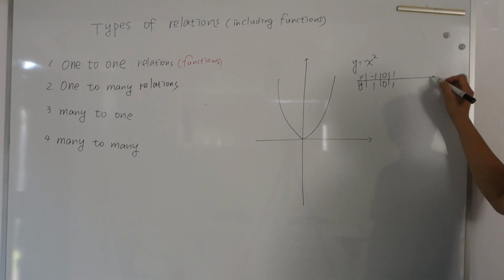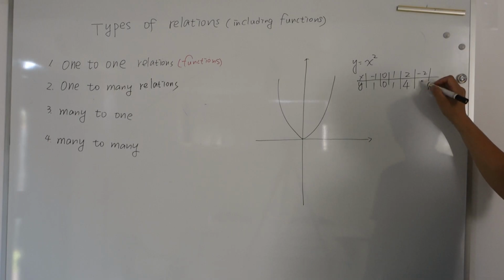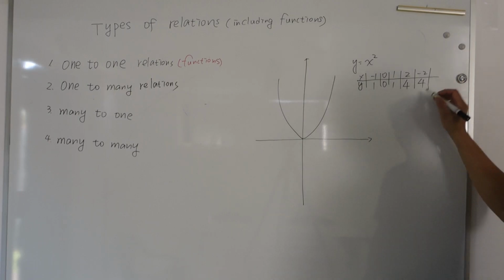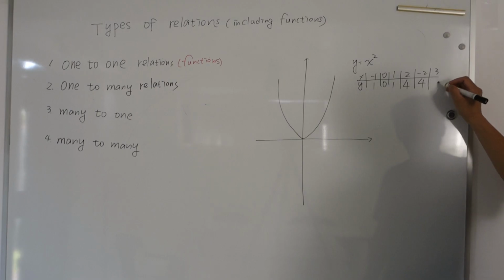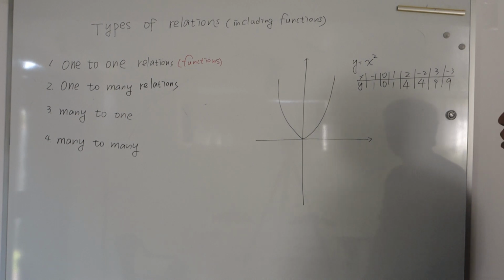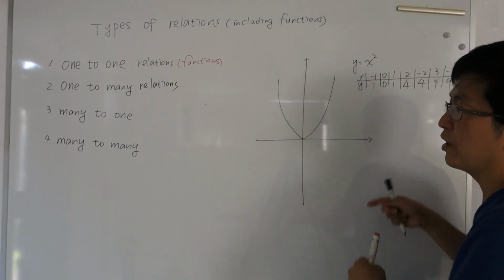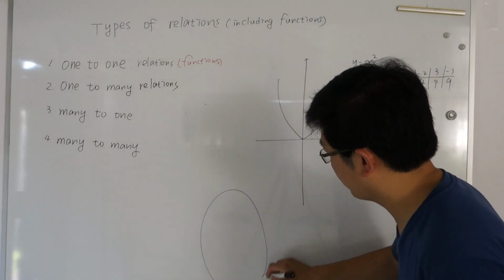When x equals 2, y is 4. When x equals negative 2, y is 4 too. When x equals 3, y is 9. When x equals negative 3, y is 9 too. So at least 2 x values can go into 1 y value.